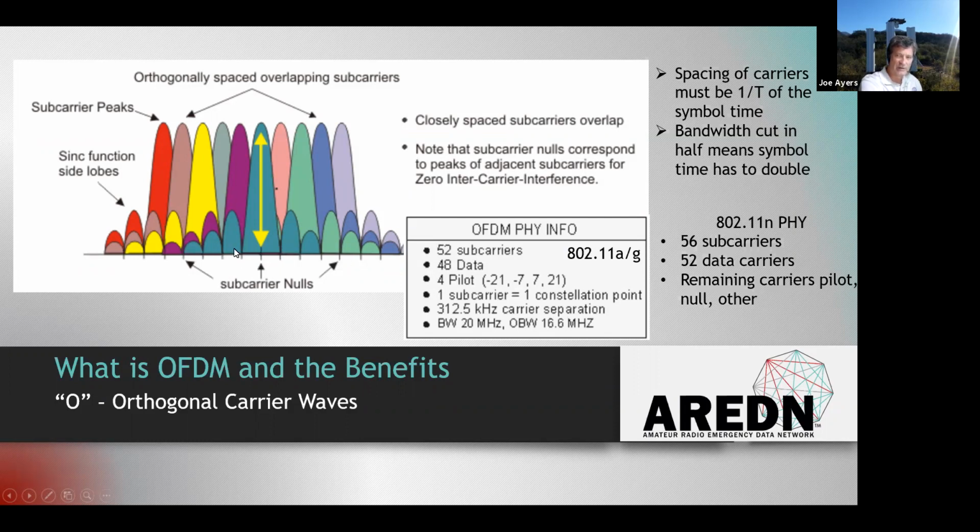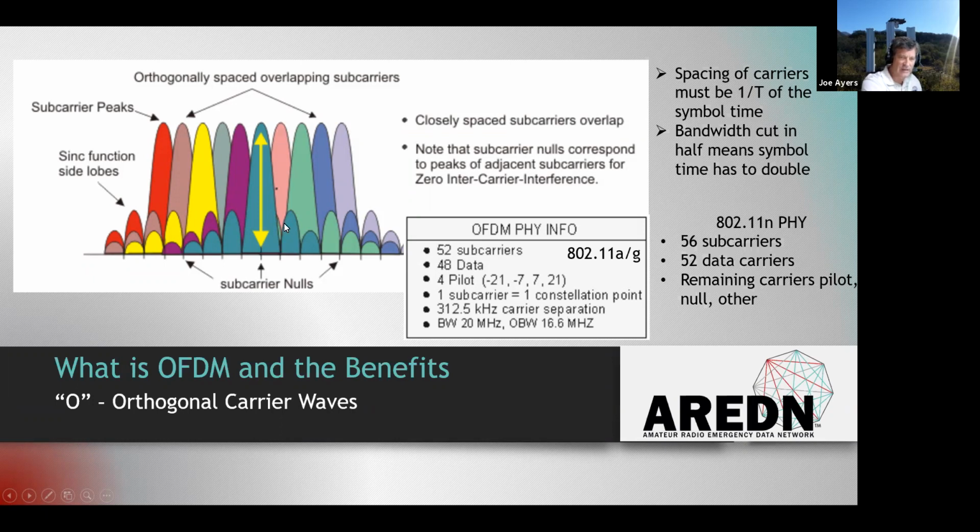When we space these carrier waves at 1 over T of the symbol time, you can see here's a carrier wave, and its energy over in this frequency area has a null at the center of the next carrier wave.